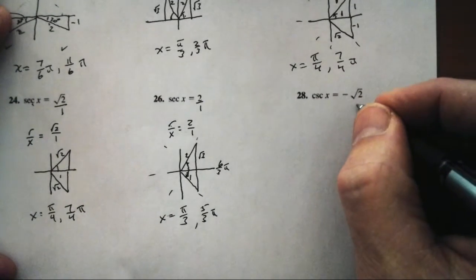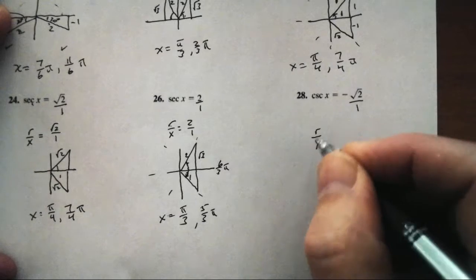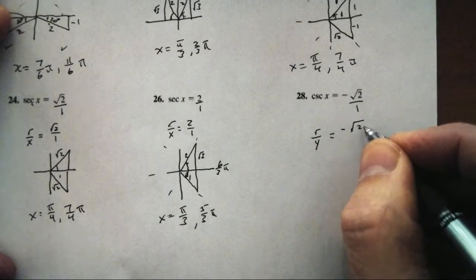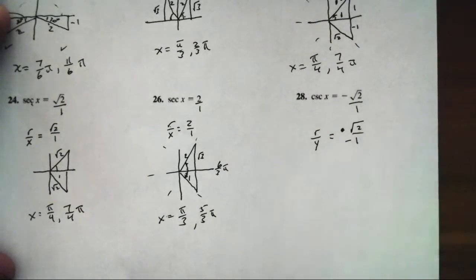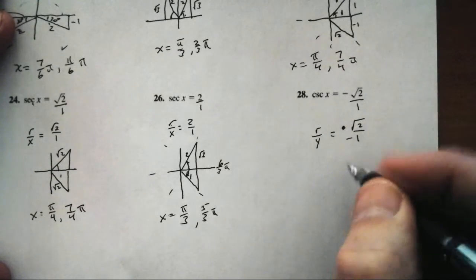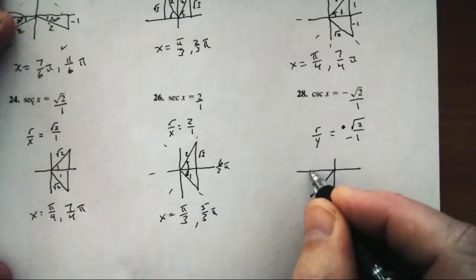And cosecant, negative square root of 2 on 1. That is r on y, reciprocal of sine, in ratio negative square root of 2 on 1. But r is not negative, so you might want to think of it as -1 down here. Y is negative. That's a 1, 1, square root of 2 right triangle, 45, 45, where y is negative.